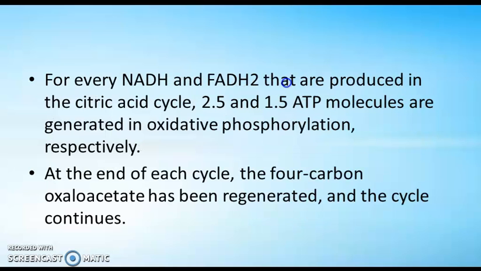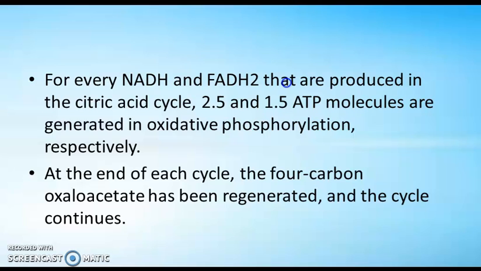For every NADH and FADH2 produced in the citric acid cycle, 2.5 and 1.5 ATP molecules are generated in oxidative phosphorylation, which we will discuss later. That means the electron transport chain is oxidative phosphorylation.